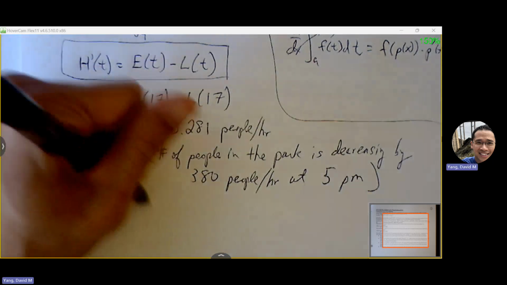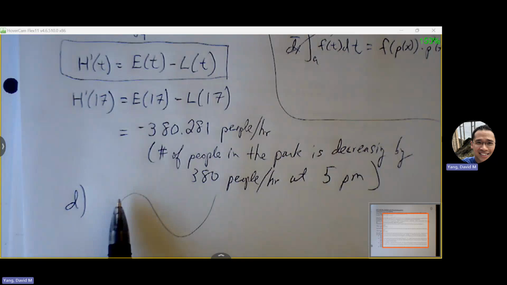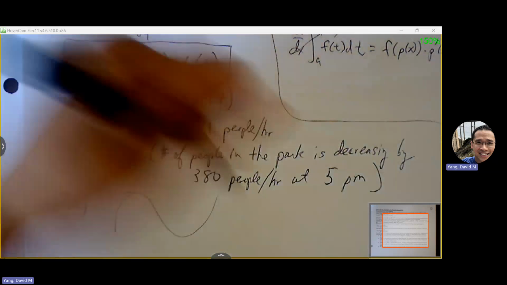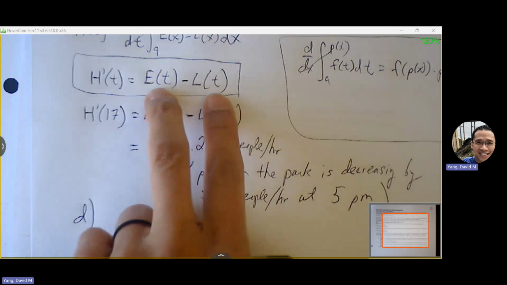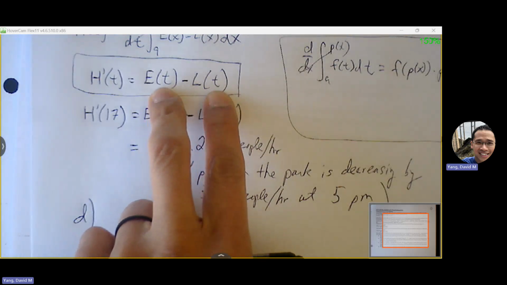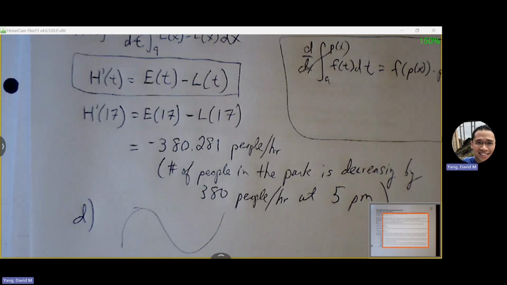When we look for relative max and relative min, that's when the derivative is equal to what? 0, right? So that's what we're looking for. We're looking for where h prime is equal to 0. That's going to be where potentially our maximum number of people is going to exist.